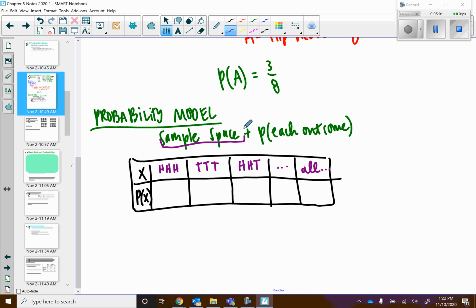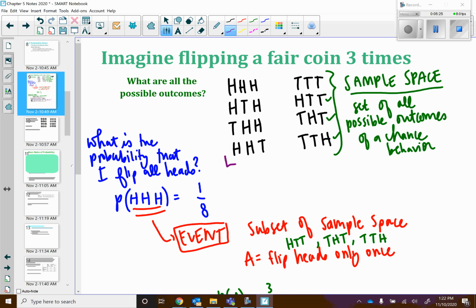And then the probability of each outcome, well, in this case, they're all equally likely. So they would all have that probability. If it is a legitimate probability model, then these probabilities will add up to 1, which hopefully makes sense, right? If this sample space is all the possible ways this can happen, then if I add up the probabilities of each individual of those happening, then it has to add up to 1.